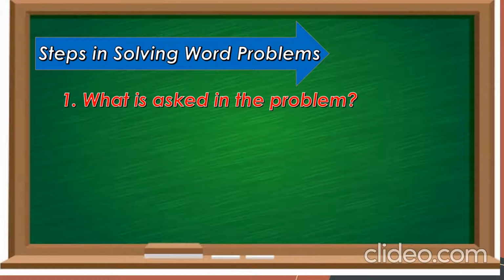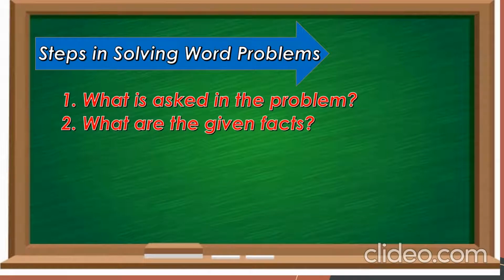It is very important because this will be the basis on how we are going to solve the problem. Number 2, what are the given facts? When we are solving elapsed time, it is very important to know the time started and the time ended. That will be our given facts, the necessary information to solve the problem.